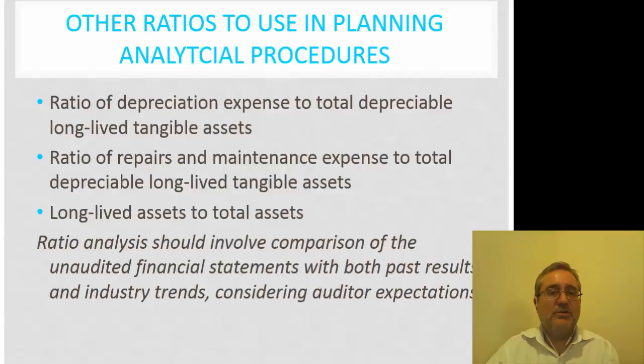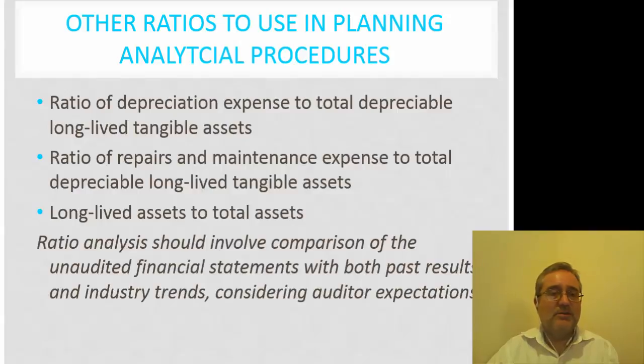The ratio of repair and maintenance expense to total depreciable assets will in one way determine if in fact maybe we have many old assets that are requiring additional maintenance and repair. This also may be a key in determining whether or not the organization is inappropriately capitalizing repair expenses.